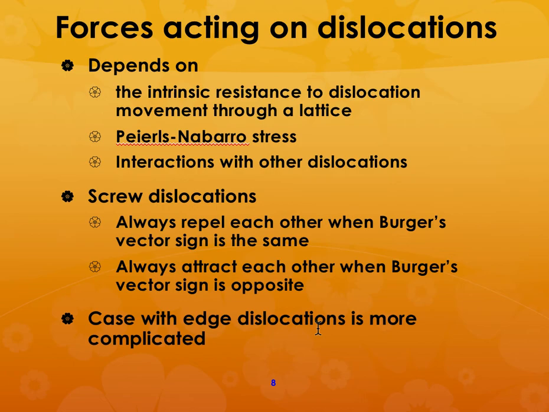In that case, one screw dislocation has one Burgers vector sign, and the other has the opposite Burgers vector sign. So when you combine the two together, they will attract each other and cancel out each other. But if they have the same sign, then they will rather repel each other. And the case of edge dislocations is more complicated.